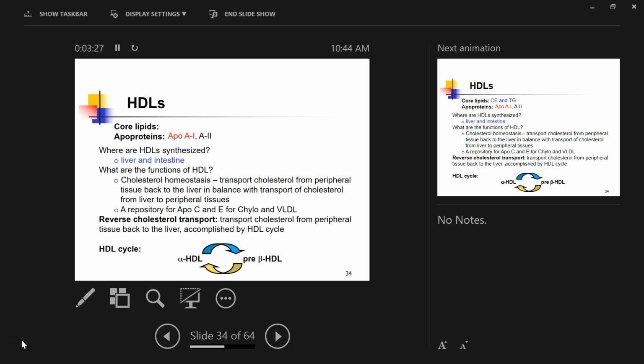The main purpose of VLDL is to transport triglyceride from liver to adipose tissue for storage. The fatty acids in that triglyceride come mainly from lipogenesis, right?